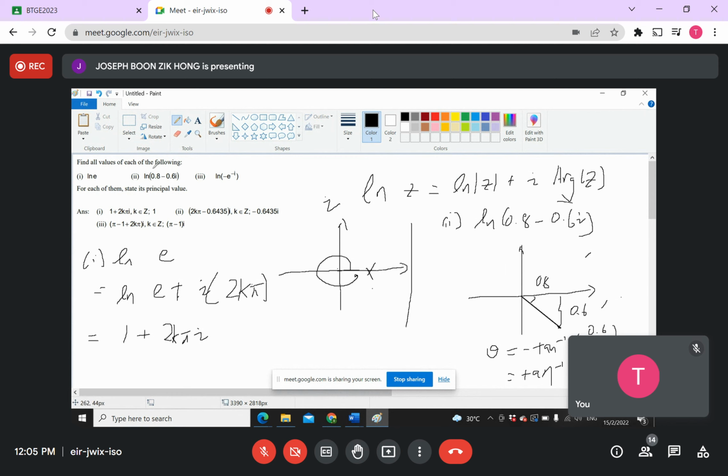But for these other cases, not necessarily, because if you have negative x and negative y, you get a positive value, but in fact the angle should be somewhere starting from here until here, so it should be a negative number. But you get a positive number, so something is wrong. That means when you find the theta, you have to be careful. You cannot just directly apply the formula. It depends on the position.